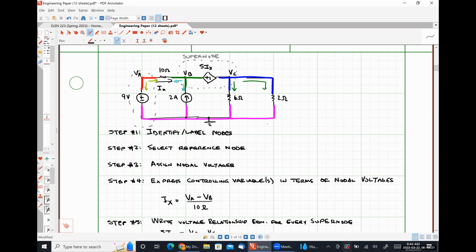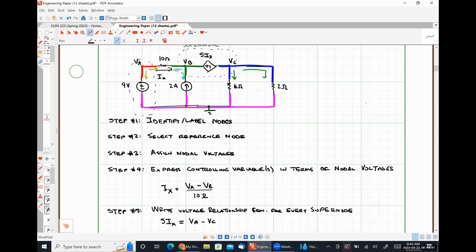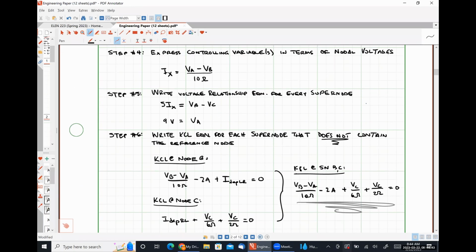So we're not going to write a KCL equation there because it's pointless. We have one node and ground. We have one equation, our voltage relationship equation. We don't need anything else. Okay. All we need is that voltage relationship equation. So as it turns out, we're done.